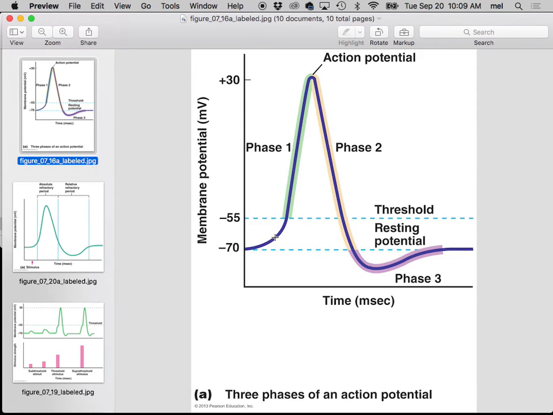And then all the way down, it will primarily be what kind of channels involved here? They are voltage-gated, although I haven't taught you how that works yet. I will in a second. They are voltage-gated potassium channels, and they are primarily involved in the repolarization phase of the action potential. Does that make sense?